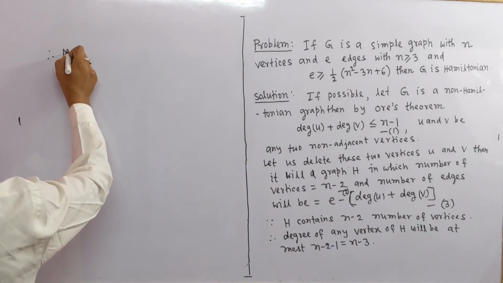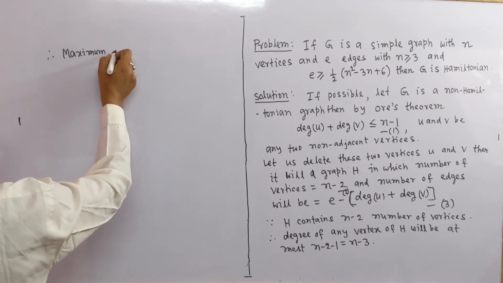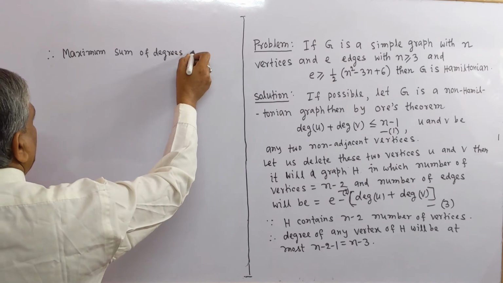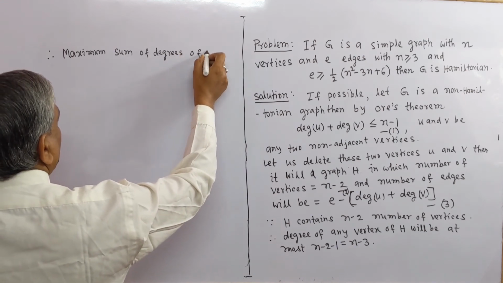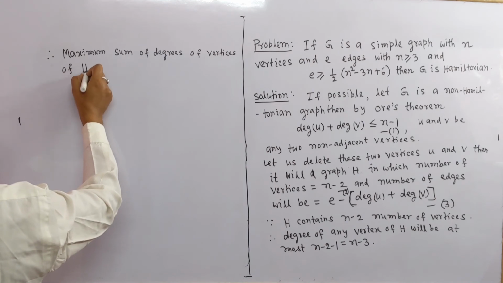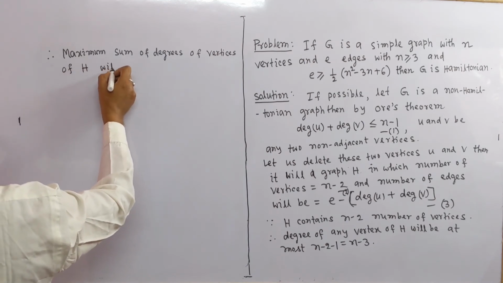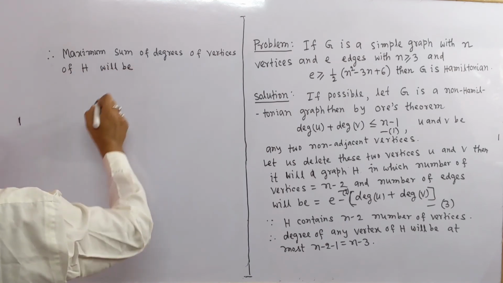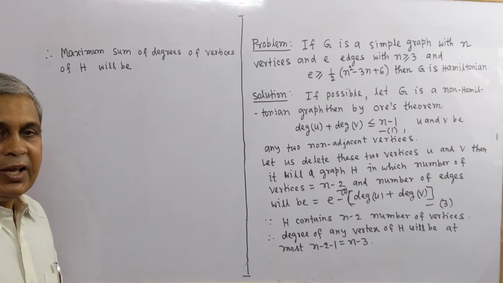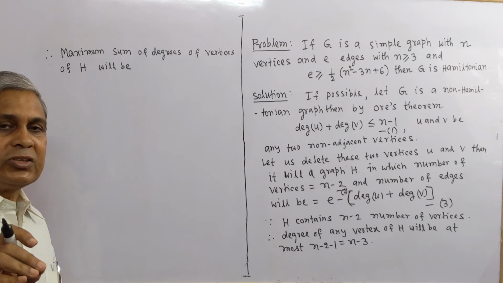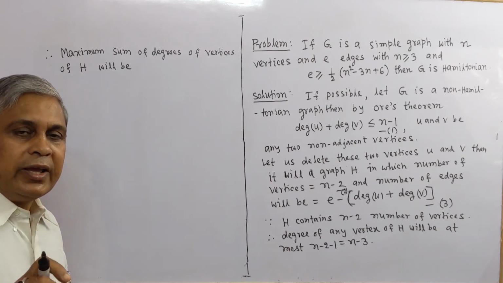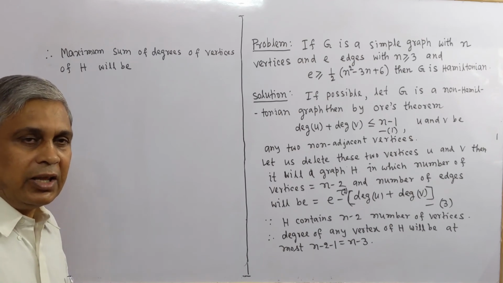Therefore, the maximum sum of degrees of vertices of H will be: we have n minus 2 vertices and each vertex is of at most n minus 3 degree.